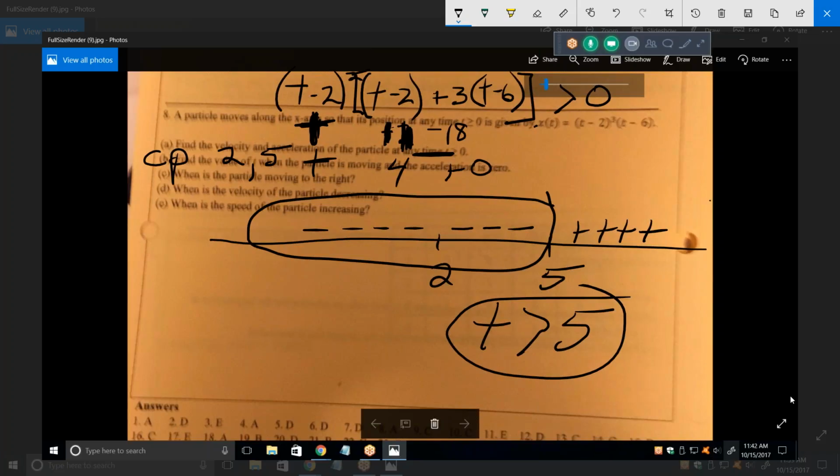When is the speed of the particle increasing? I gotta go. This is a fairly long subject to get a handle on, speed. Speed is not the same as acceleration. Speed is the absolute value of velocity. You can have something that's accelerating and increasing in speed, but you can also have something decelerating that's increasing in speed.